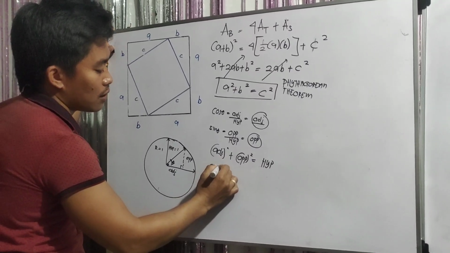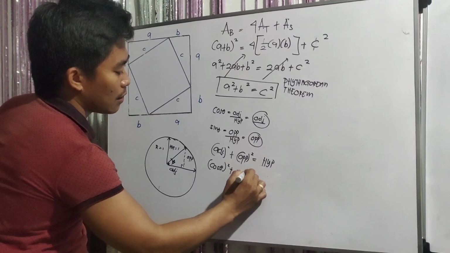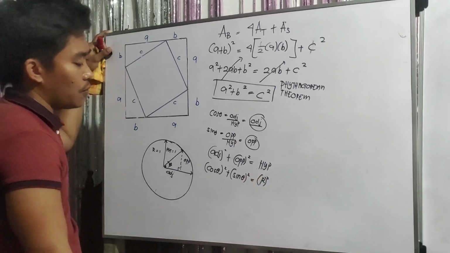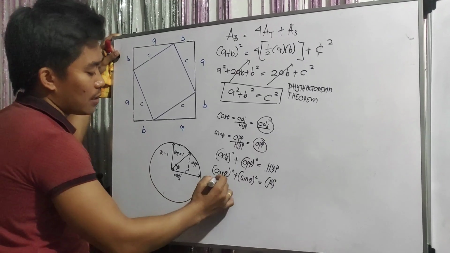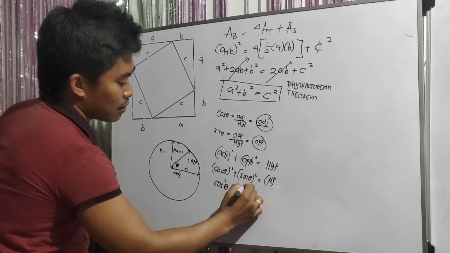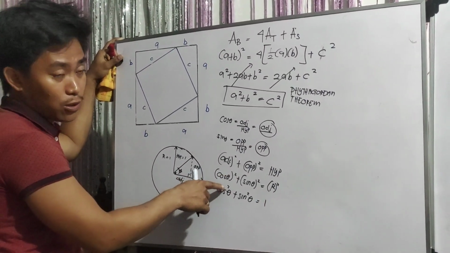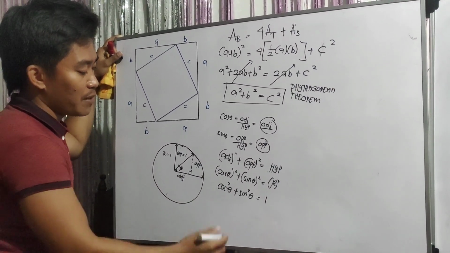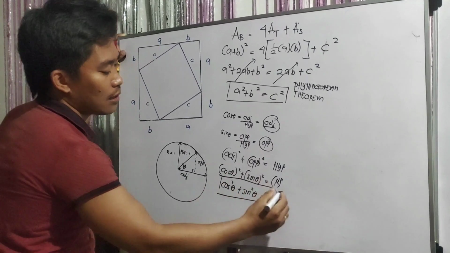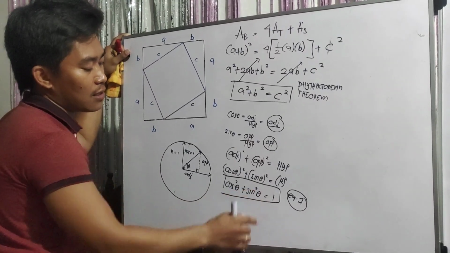So that is cosine theta squared plus sine theta squared is equal to r squared. If we substitute r, which is equal to 1, then cosine squared theta plus sine squared theta is just equal to 1. Don't get confused between cosine squared theta and cos squared theta. The value is the same, there is no difference. This gives us the identity. We call that equation 1: cosine squared theta plus sine squared theta is equal to 1.